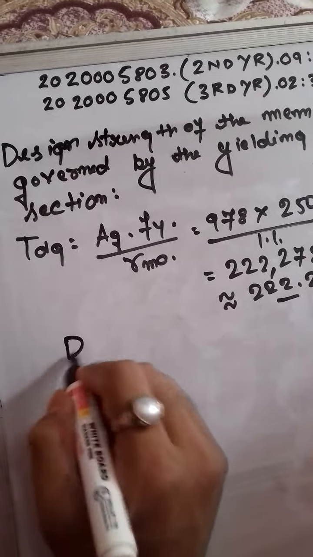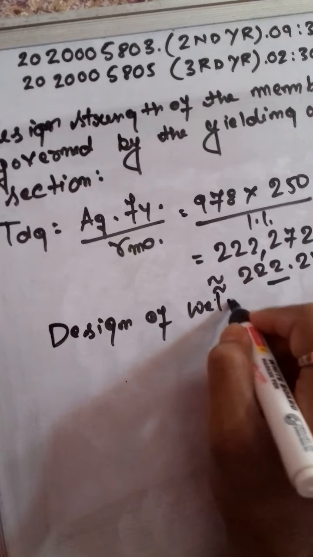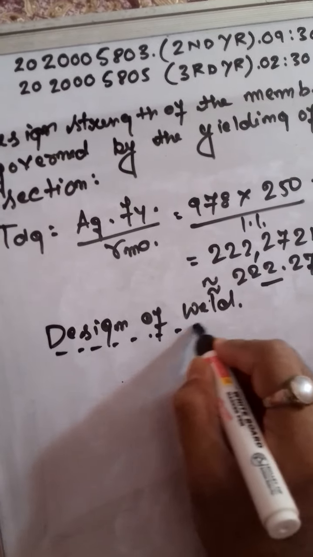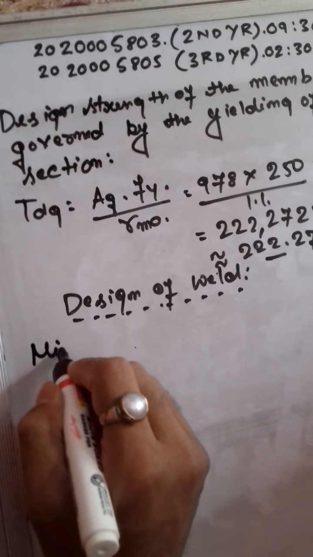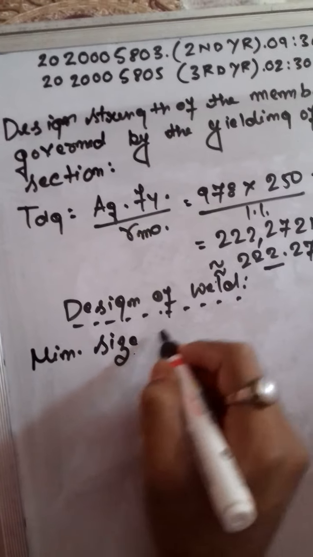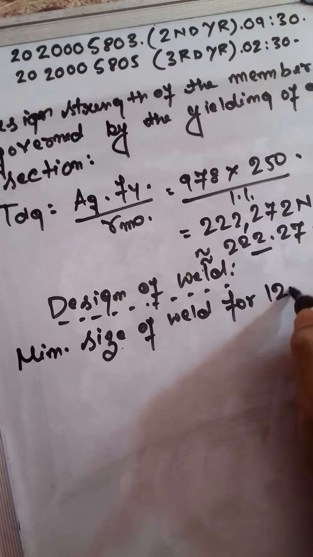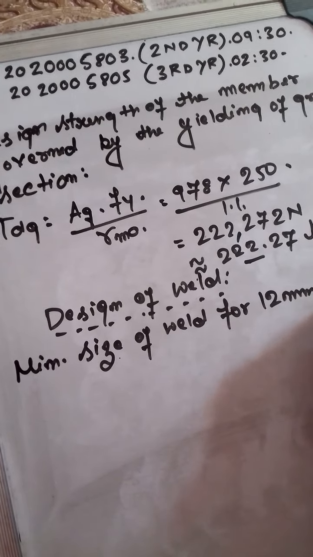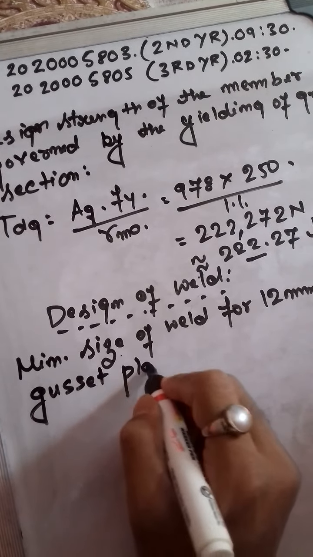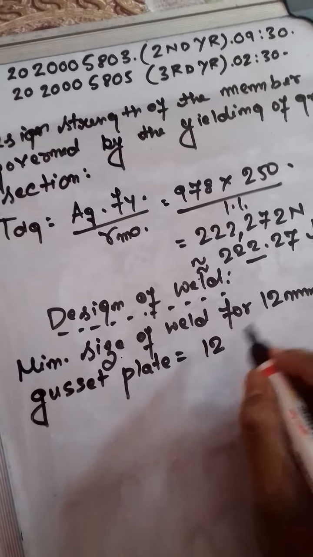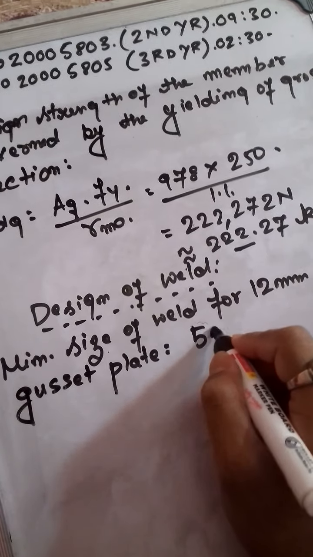Okay, now let us design the weld. See, the minimum size of the weld for 12 mm thick plate, as per IS code, is 5 mm.